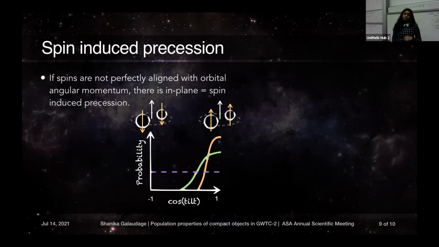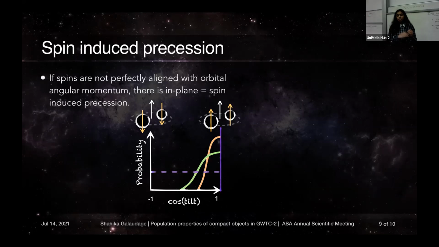And the in-plane spin component can tell us a lot, specifically in relation to precession. So if your spins are not perfectly aligned with the orbital angular momentum, it means that you have in-plane spin components. So looking at this little diagram that's showing the cosine of the tilt angle, ranging from -1 to 1. 1 represents perfect alignment, -1, perfect misalignment. And if you have any kind of value in between, you would have in-plane spin components. So if you had perfect alignment, it would look like a delta function in this particular plot.